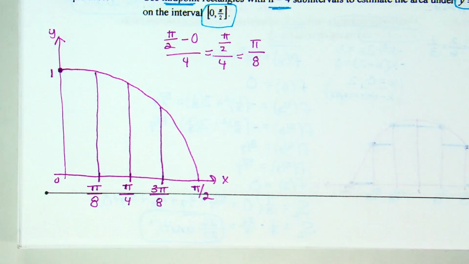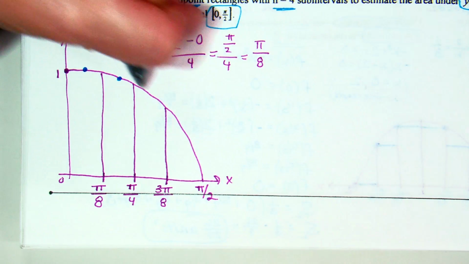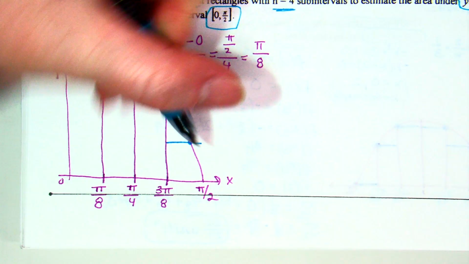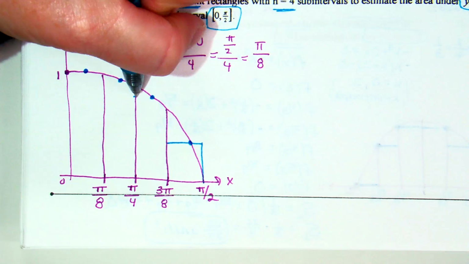Now, we need mids. Mids means, are you ready to watch my picture? My points are in the middle of each section. Which means, it's easier to draw it over here. My rectangle is part lower, part upper, it's kind of like. Because my rectangle goes through that height right there.